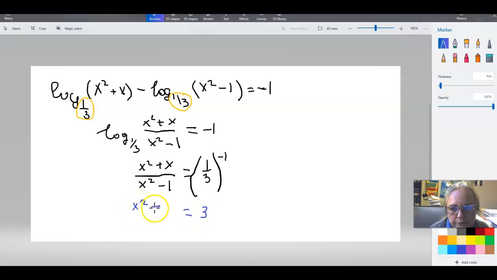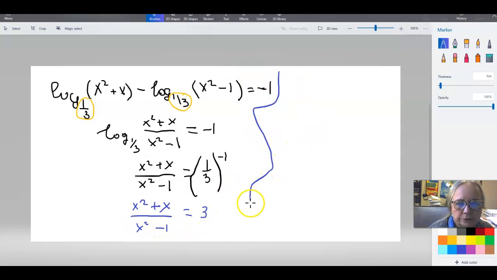To solve this rational equation, you can multiply the left and right side by x squared minus 1, and you get this equation.